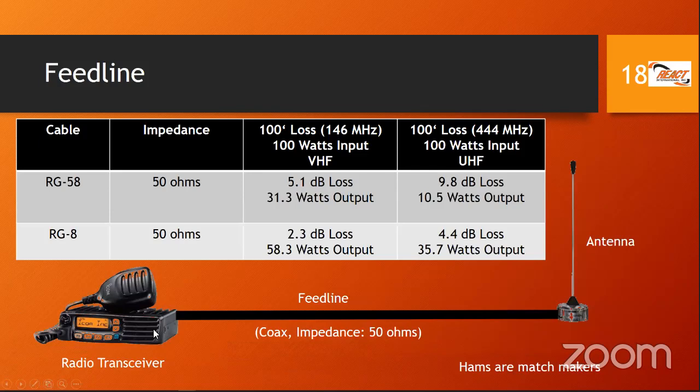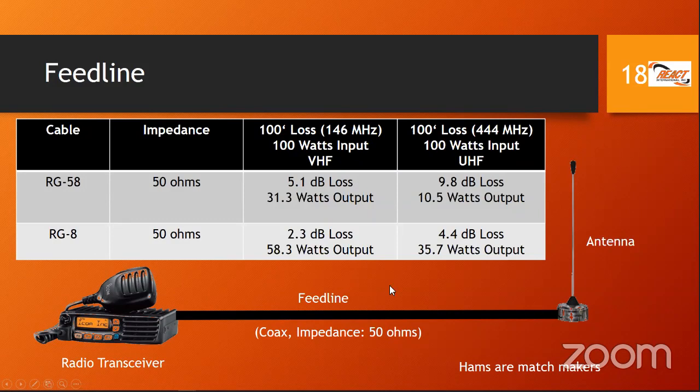So we just talked about connecting an antenna to a radio. So if I have a radio, so this is a radio transceiver. It could be mounted at your home or it could be mounted inside of a vehicle, all right? So to connect the radio to the antenna, remember it's our antenna that the signal or the radio waves will emanate from, right?